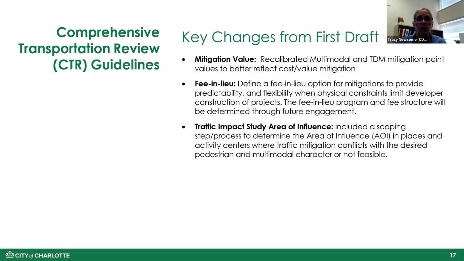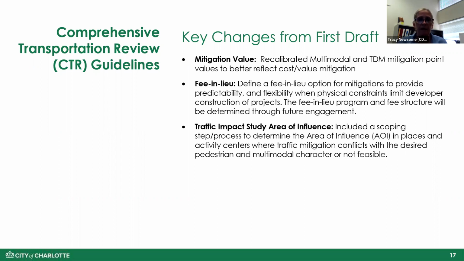So we recalibrated the multimodal and TDM mitigation point values to make sure that cost and value were closer together. We defined a fee in lieu option for mitigation to provide both some predictability and some flexibility when there might be a physical constraint to constructing a particular infrastructure improvement.